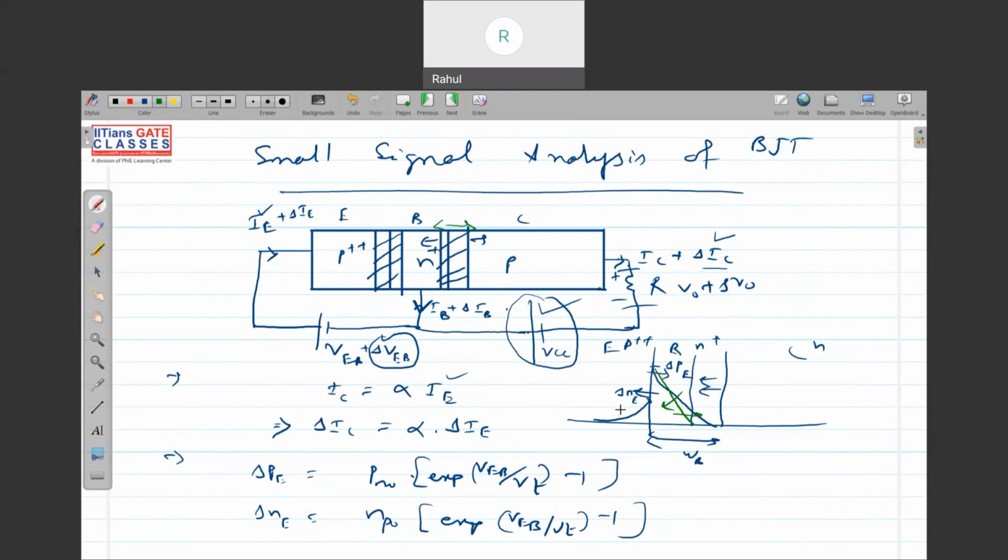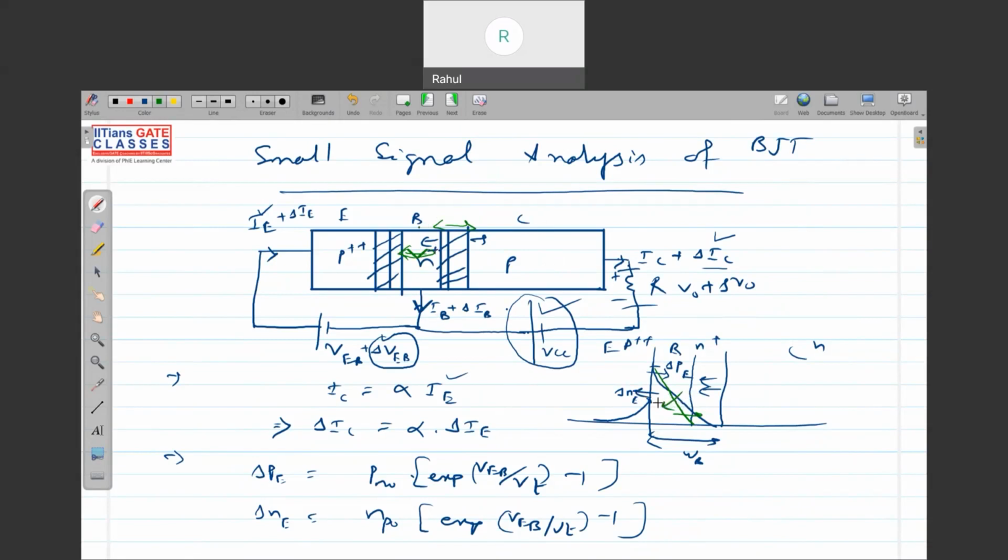So the increase in collector current due to decrease in base width because of increase in reverse bias in the base to collector junction. I am repeating, the increase in collector current due to increase in depletion width or decrease in base width because of increase in the reverse bias of the base to collector junction increases the slope of the carrier concentration, so the collector current is increasing.